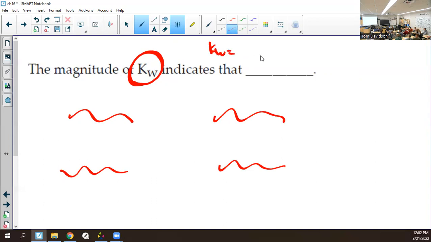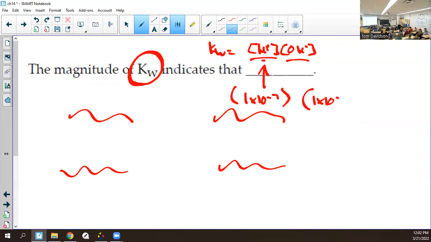KW is equal to the concentration of H plus times the concentration of OH minus. So it's just how these break apart. By the way, each one of them is 1 times 10 to the -7. We could use one of these to find out the other one based on that.